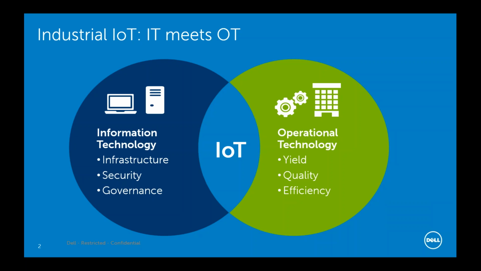Some of those are areas where they are picking up pieces of our IT infrastructure, ruggedizing them, or doing different things to customize them for the operation technology side. Dell has been on that side, and we understand the need for 24/7 uptime and being able to withstand these really rugged environments.